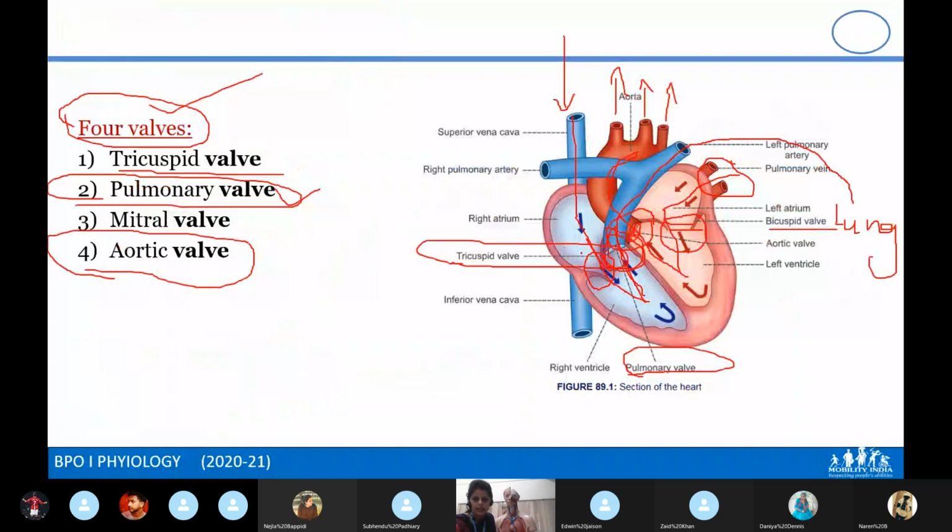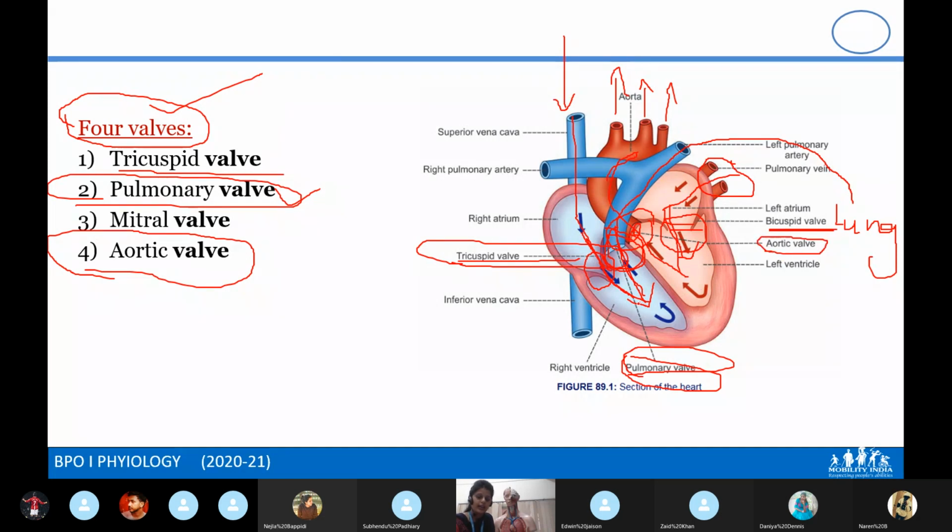This is the tricuspid valve, this is the bicuspid valve. These both are atrioventricular valves, which means from the atria it is passing blood to the ventricle. Another is the pulmonary valve, and one more is the aortic valve.